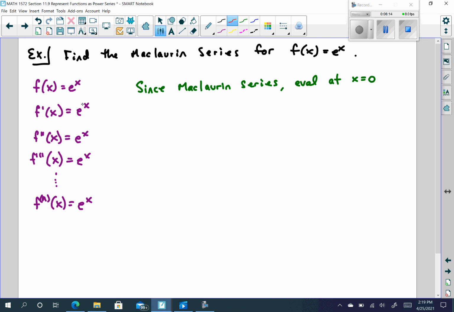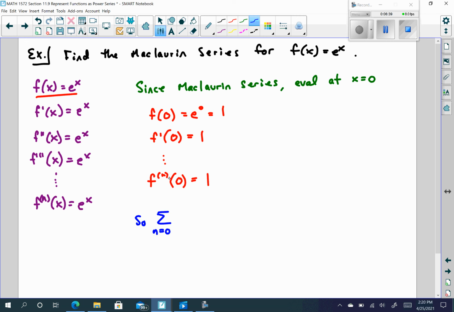All right, so first what I want to do is figure out, well, what is f of 0? So I go back up here, and that's just e to the 0, which is 1. Our first derivative, since these are all e to the x, is still going to be 1, all the way down to our nth derivative at x equals 0 is going to be 1.